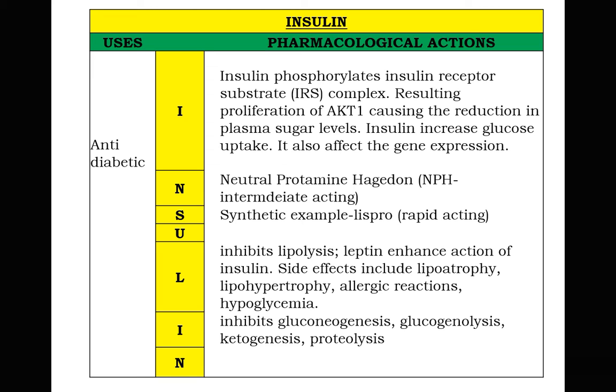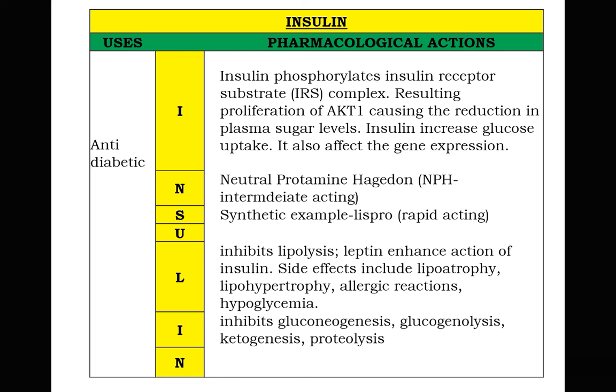Insulin phosphorylates the insulin receptor substrate complex, which we call IRS, resulting in activation of AKT1, causing a reduction in plasma sugar levels by uptake of circulating sugar molecules into the cells.